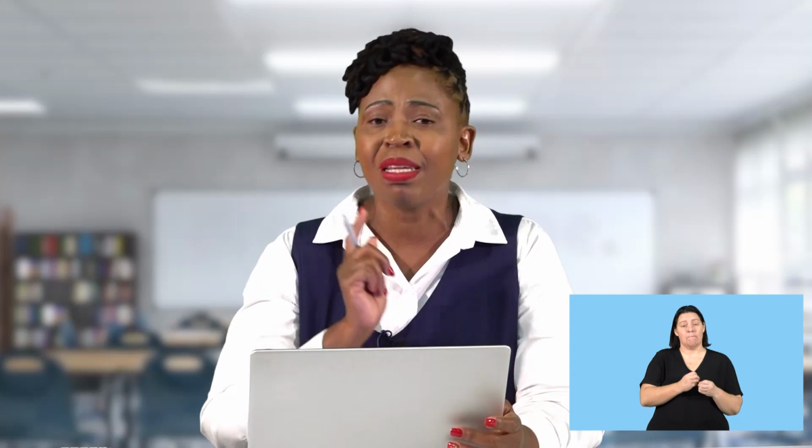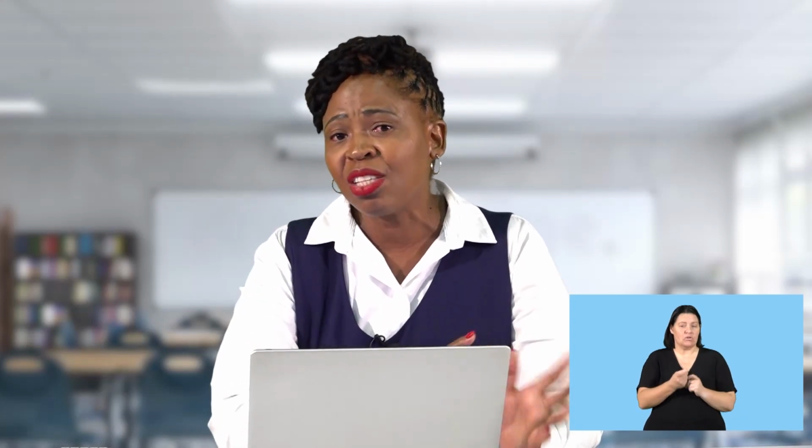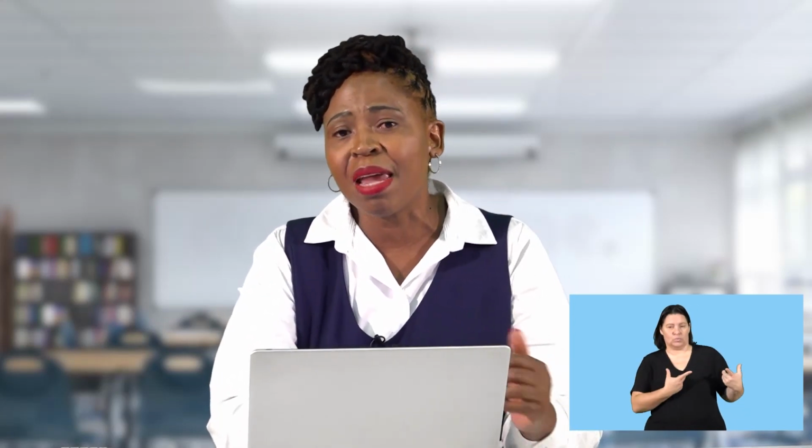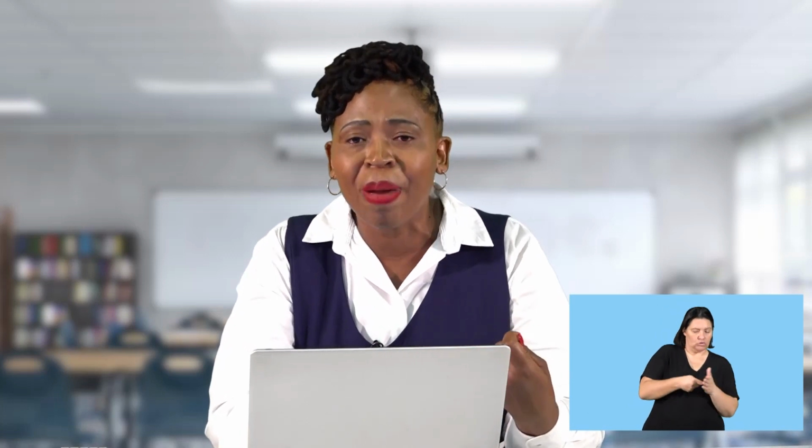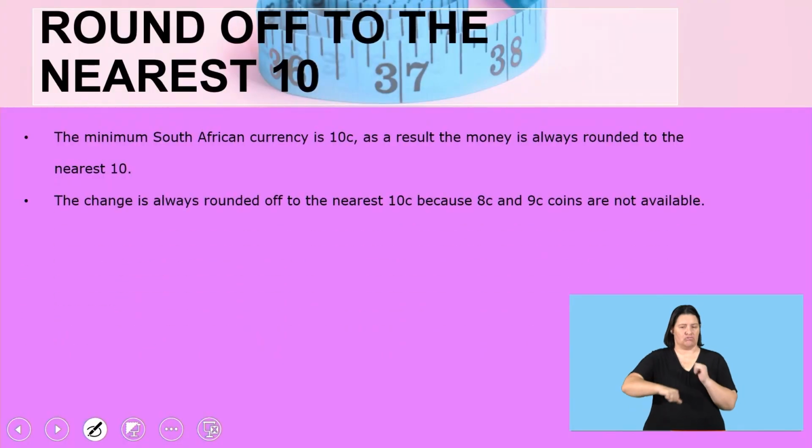It's one of the most important aspects that you need to master so that you can round off. In case you are paying with cash, you know exactly how much change you will get. Always when the change is 8 cents or 9 cents or 7 cents, there is rounding that is taking place. So how is the rounding done?